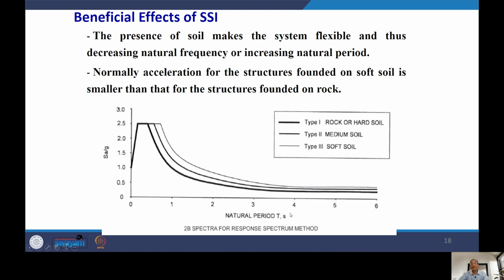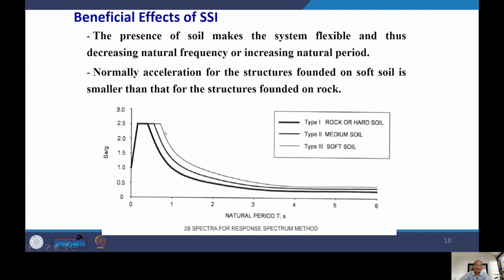When the natural period gets increased as before, normally you come into this range. Let's say this is the value of time, which is equal to 0.4 seconds for rocky sites, but for soft soil it is 0.55 seconds. So let's say the natural period is increasing beyond 0.55 seconds.